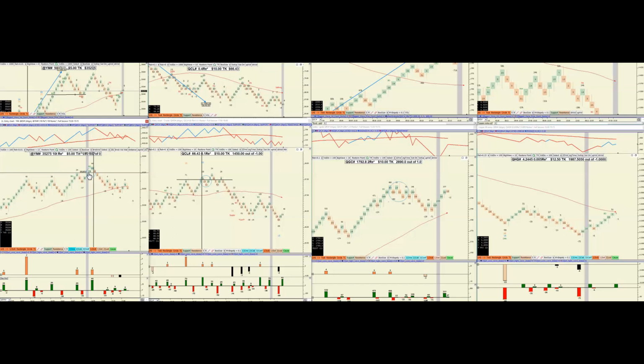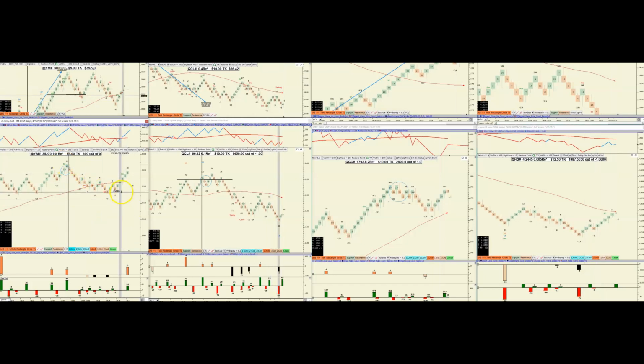Climax indicates termination. So over here, this attempt to break out was sold into heavily by the bears, and then they sell some more, making the breakout fail. And then I'm looking at this, and it goes back to the support level and cracks a little bit, just a little bit.